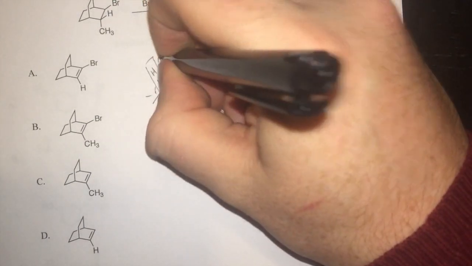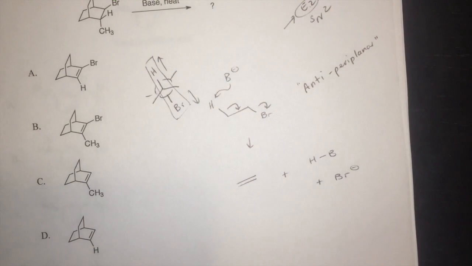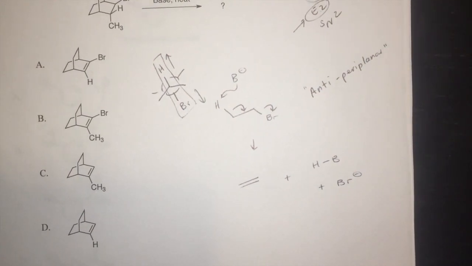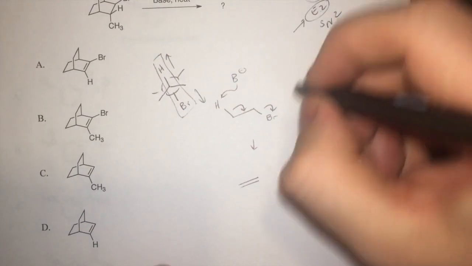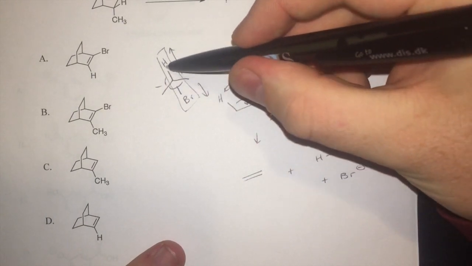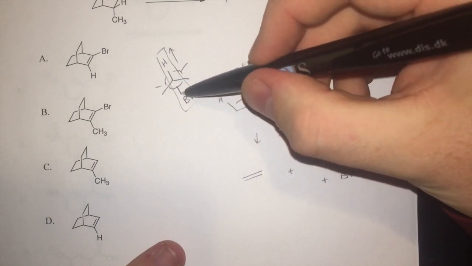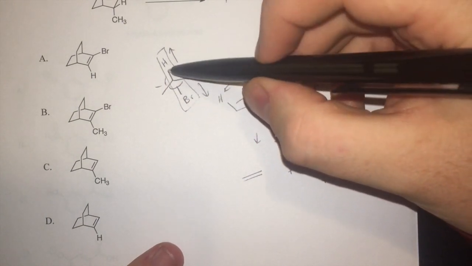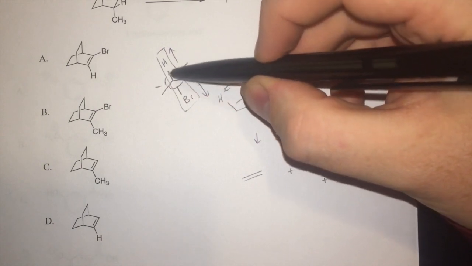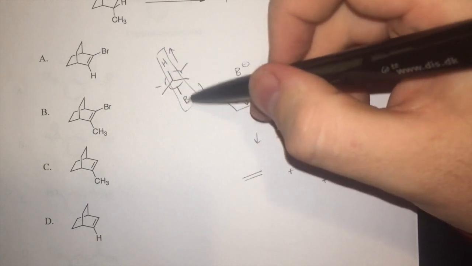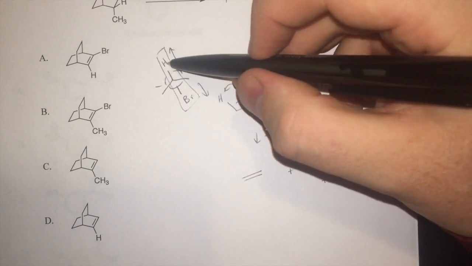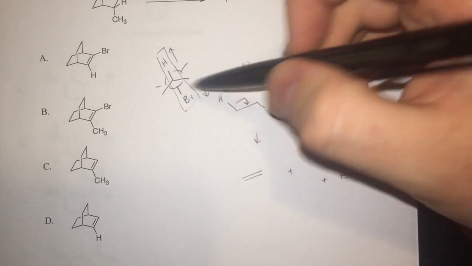Periplanar, but pointing away from one another, and therefore anti-periplanar. Basically, it has to do with the orbitals. The bonding orbital of the hydrogen will overlap with the anti-bonding orbital of the bromine, and therefore the electrons in this bonding orbital will kind of dance out and into that anti-bonding orbital of the bromine, thereby making this proton more acidic and weakening this bromine bond.